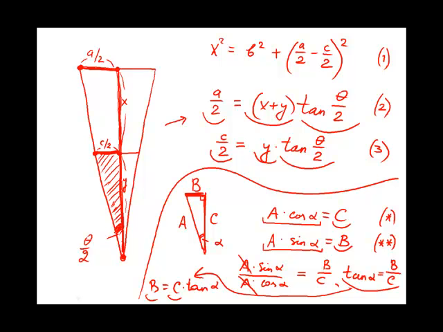So I ignored all these numbers and instead I used letters A, B, C, whatever they may be. So I'm going to solve this problem in general. A, B, C are known, they are given. Not known are x, y, and theta. Do you guys agree? X, y, and theta I don't know. A, B, and C I know.